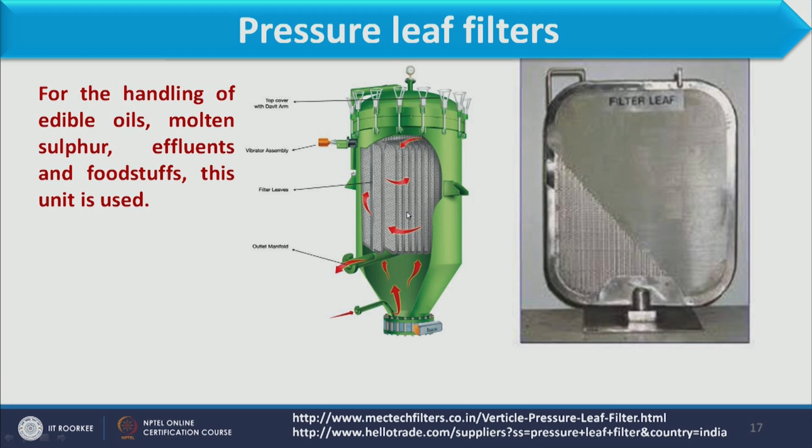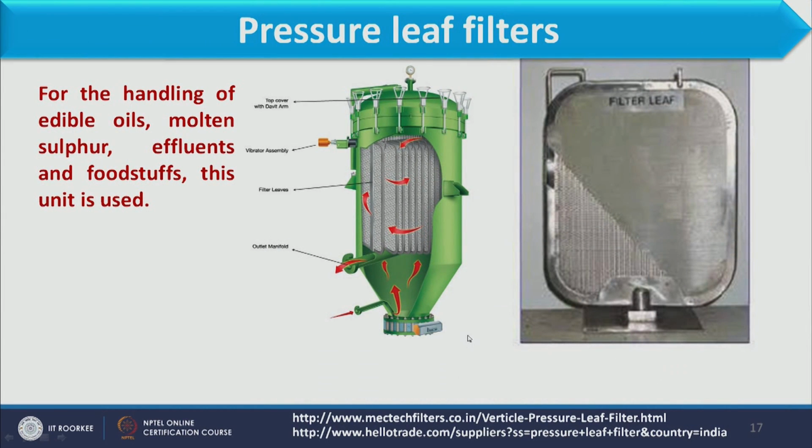So these leaves will remain in the vibrating position till the cake formation over the surface is removed. Due to vibration, the cake drops at the bottom, and here we have the nozzle through which we can collect the cake. So filtrate is collected through this pipe, however cake is collected through the bottom nozzle.